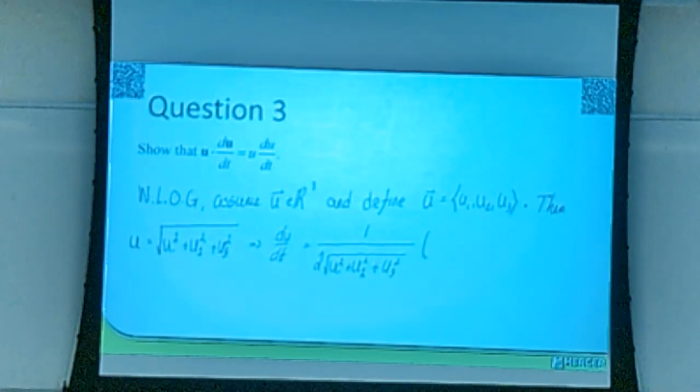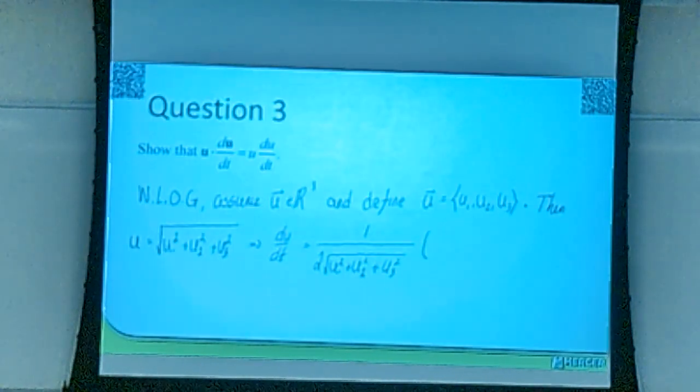What'd you forget? u1 squared, its derivative is 2u1, the first power.